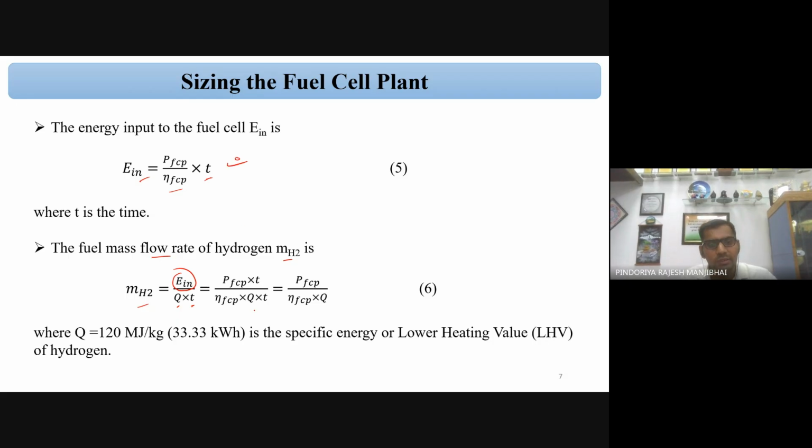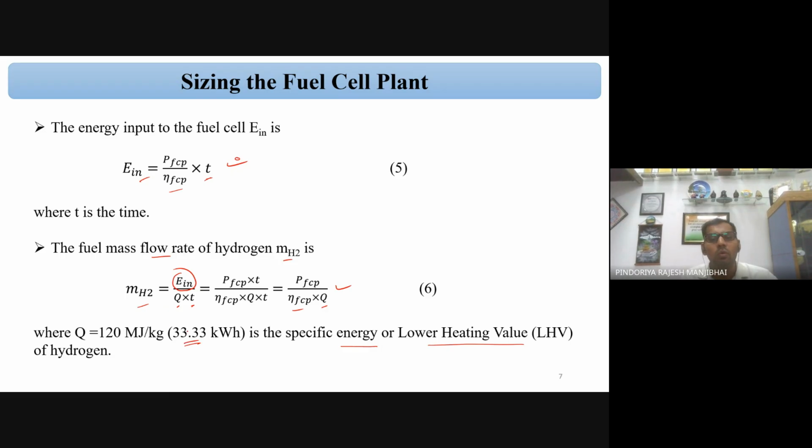So we can simplify this equation, and the final equation is P_FCP divided by the efficiency of the fuel cell times Q. Q is a constant: 33.33 kilowatt hours, otherwise 120 megajoule per kilogram, which is the specific energy, the lower heating value of the hydrogen.